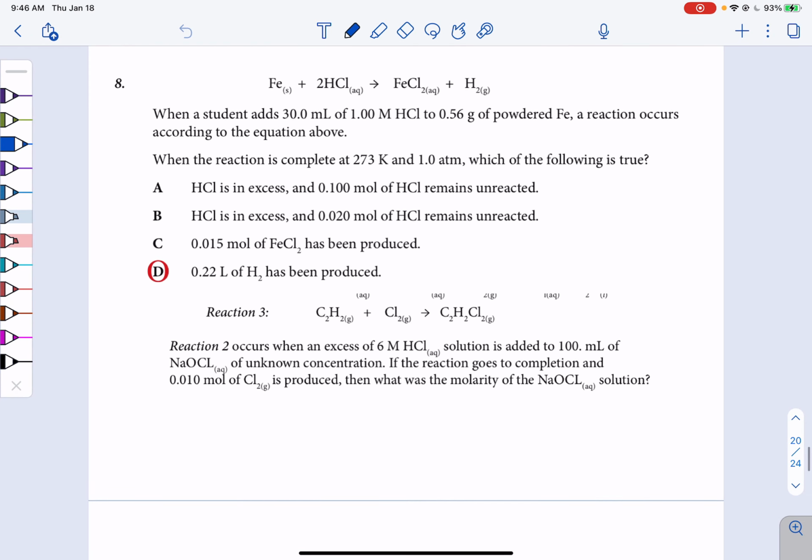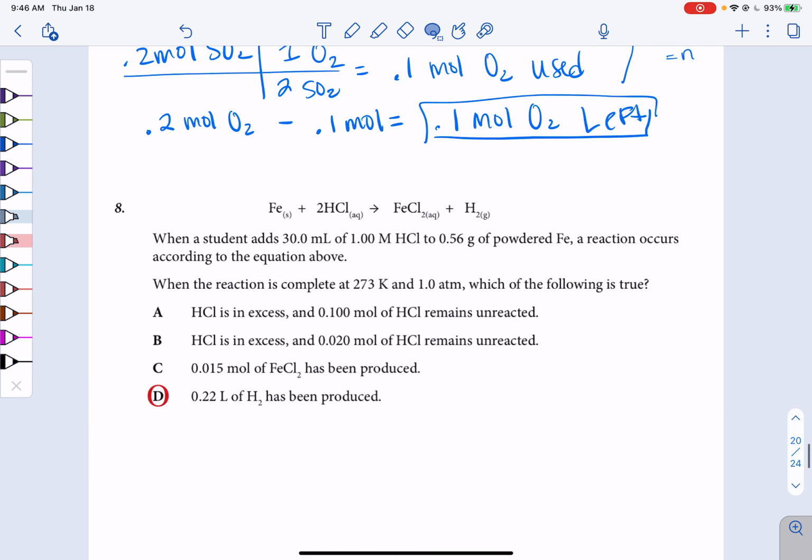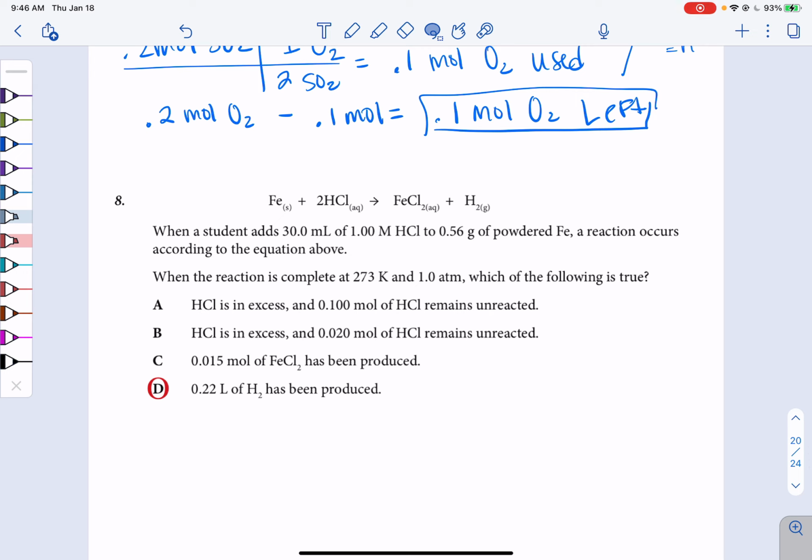Okay, number 8. And then our number 9 is already in the way. Okay, so number 8: when a student adds 30 milliliters of 1 molar hydrochloric acid, let's change color so it doesn't get mixed up, 30 milliliters of a 1 molar hydrochloric acid to 0.56 grams of iron, a reaction occurs in the following equation above.